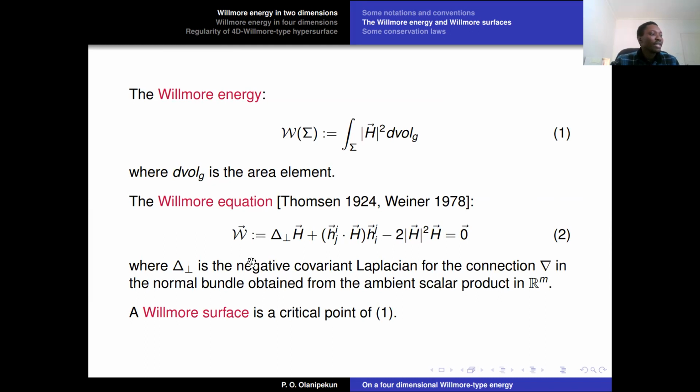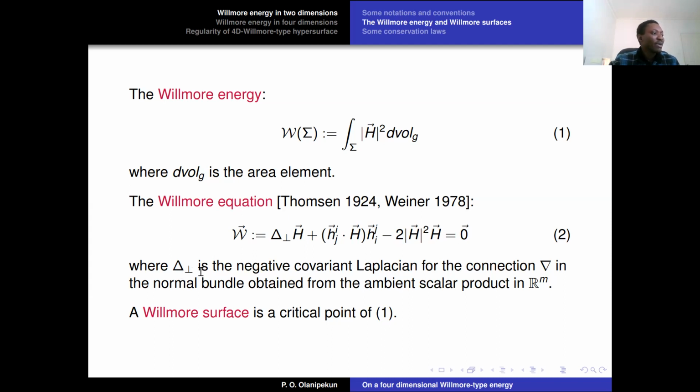When you look at this equation, you discover that it's second order in H, or fourth order in phi. So H is 2 derivatives of phi, and so this is 4 derivatives of phi. So it's a fourth order partial differential equation, elliptic, nonlinear.